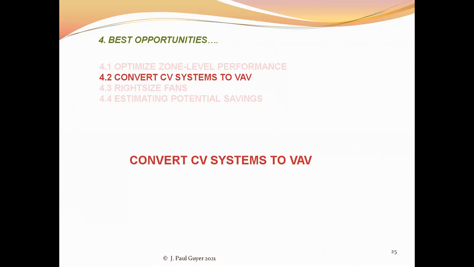So essentially, converting a constant volume system to a VAV system in its simplest form, you are just going to the different zones and installing a properly sized VAV control box and thermostat in that space, and then doing the same thing throughout your building. And so you end up with a number of zones of control, which can be a good result for the occupants of the building.